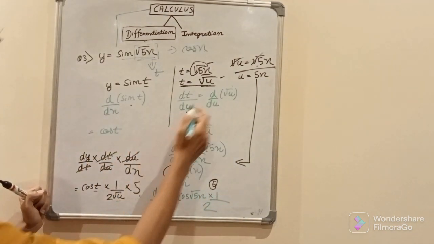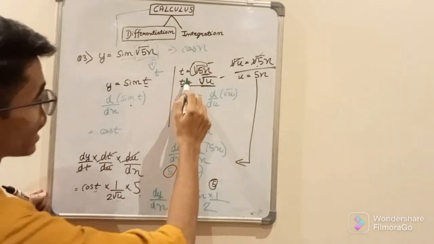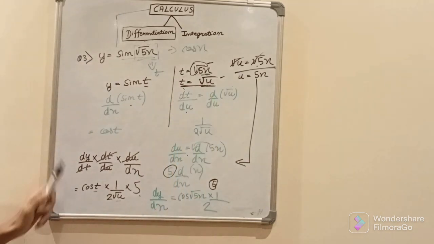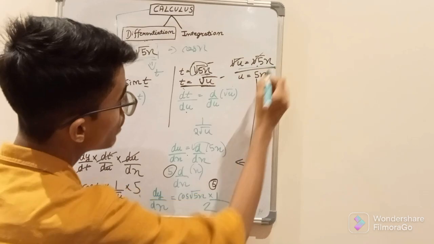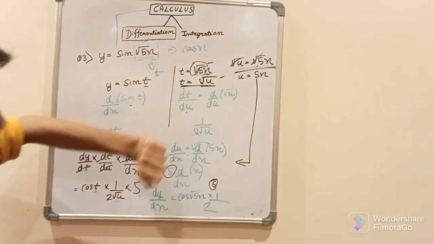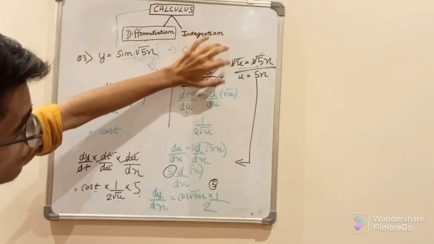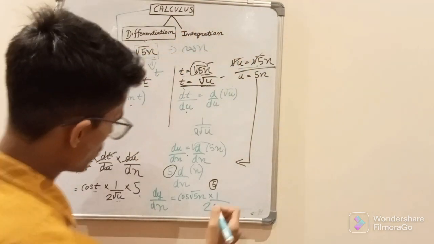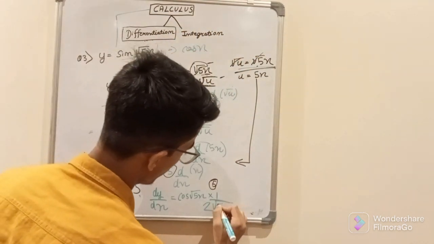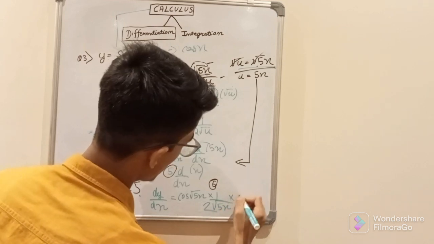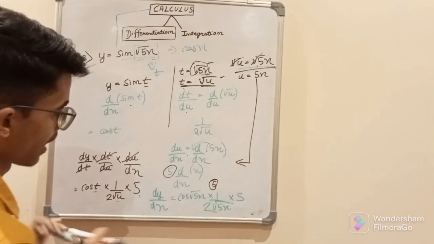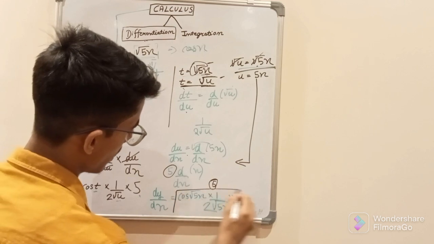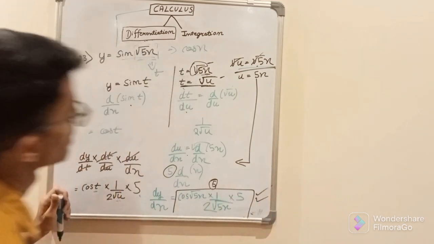Now this is root u. Root u is equal to t and t is equal to root 5x. Root u is equal to root 5x and not just 5x. So it will be equal to 2 root 5x multiplied by 5, and this is our final answer.